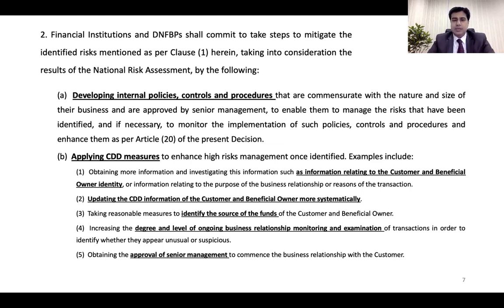And then the last thing is obtaining approval from senior management to commence the business relationship with the client. So you look at applying CDD measures. While you are applying, you have done broadly 3-4 things. One, you identified the relationship you are dealing with, which can be through the UBO or through the customer documentation or through the individual itself.